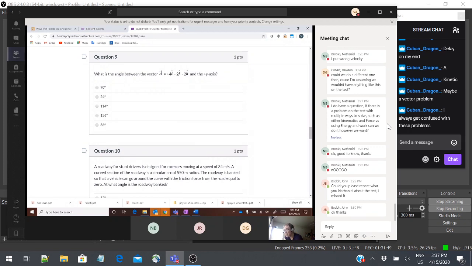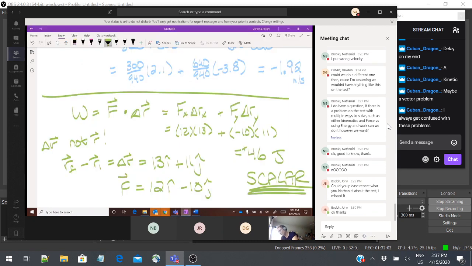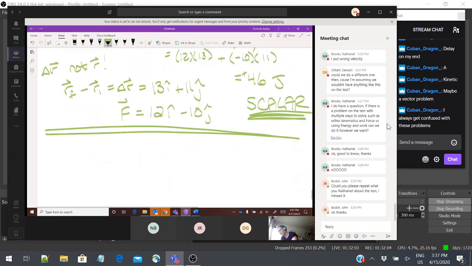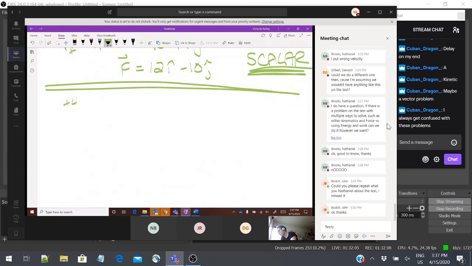For this class, we've only talked about dot product so far, and you can do this with cross product, but it is beyond the scope of this class. So the answer is you want to do a dot product. So we have plus 4i minus 2j minus 2k, and we want the angle with the positive y-axis.